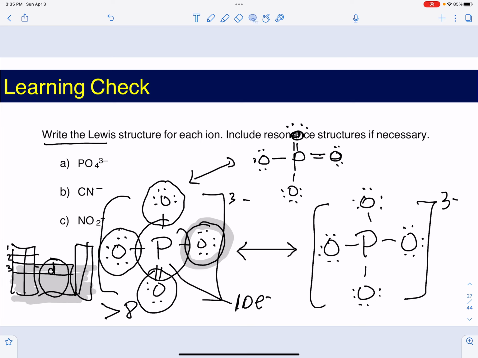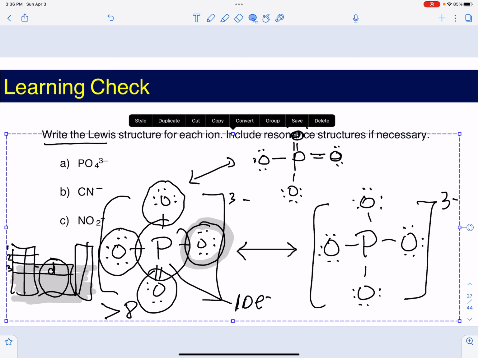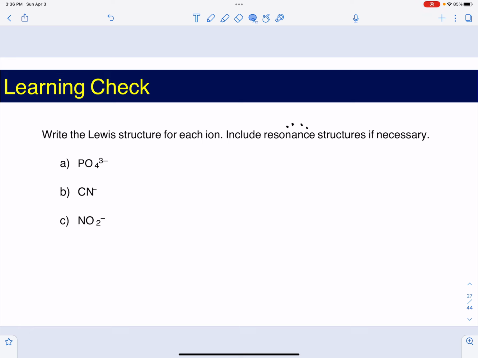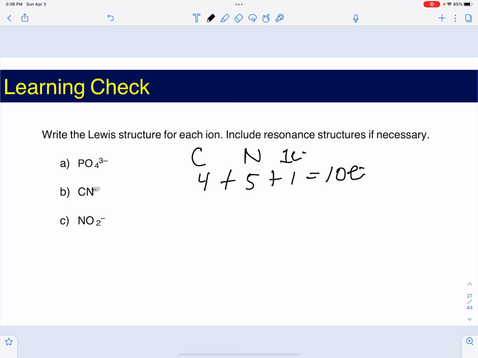So let's do another resonance. Let's do the resonance for CN negative. So I'm going to have carbon, nitrogen, and 1 electron because it's 1 negative, which means I'm going to have 4 valence electrons, 5 valence electrons, and 1 valence electron, which is 10 electrons to play with.